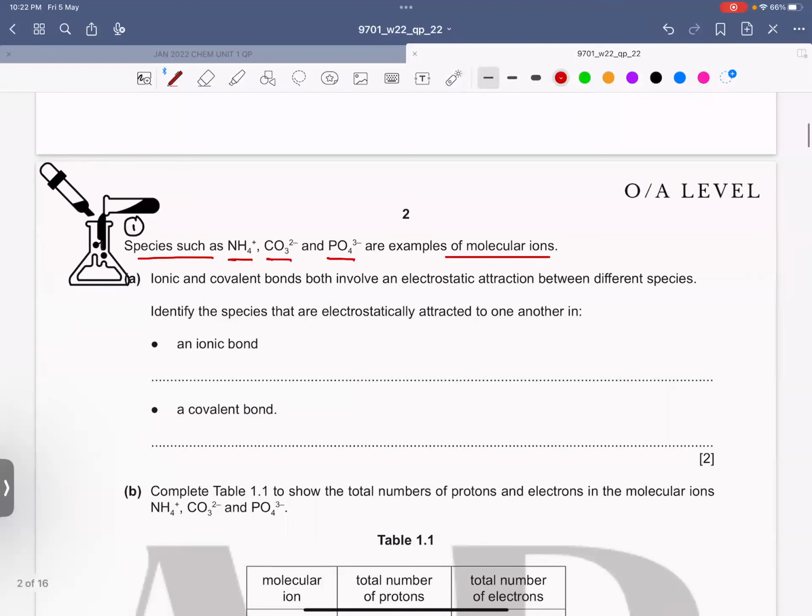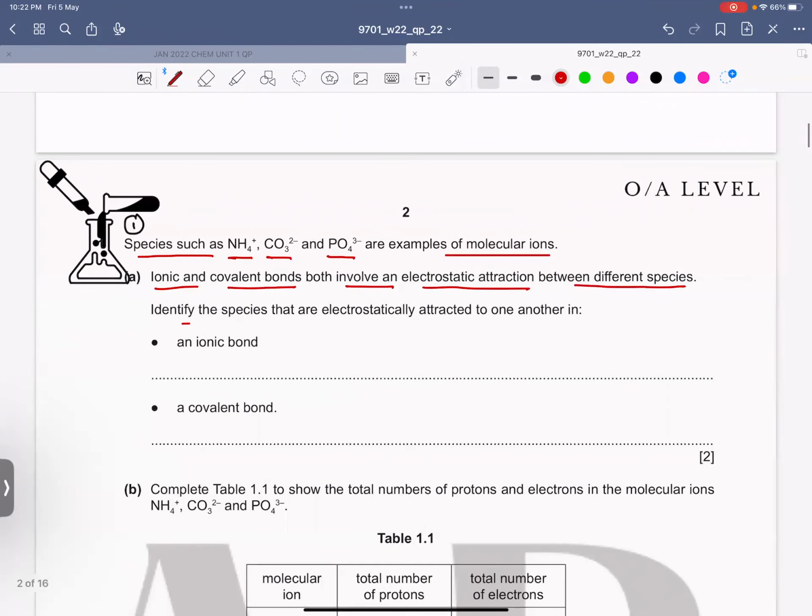Ionic and covalent bonds both involve an electrostatic attraction between different species. Identify the species that are electrostatically attracted to one another in ionic bond. Which species are actually attracted to each other when the ionic bond is formed?